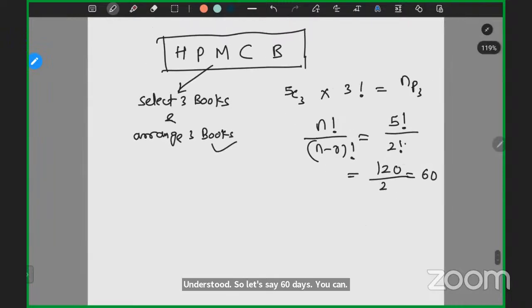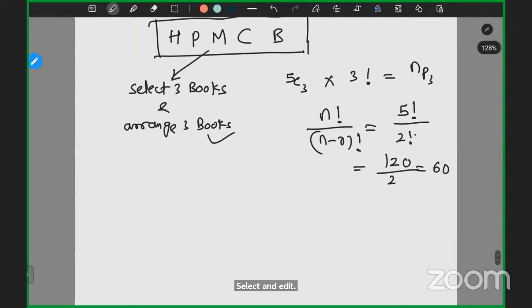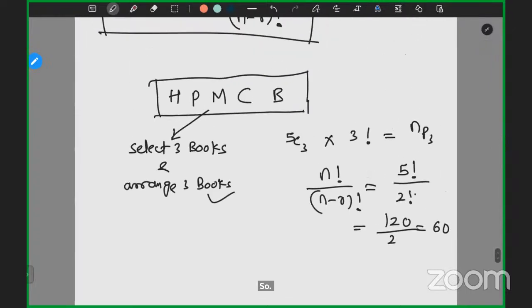Sir, I have a question. Here, in the arrangement of three books, if the question is that physics and chemistry are at the same place and no books are between them, will this also be an arrangement, or is this another thing?